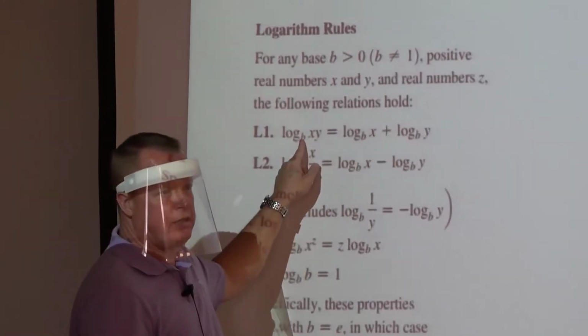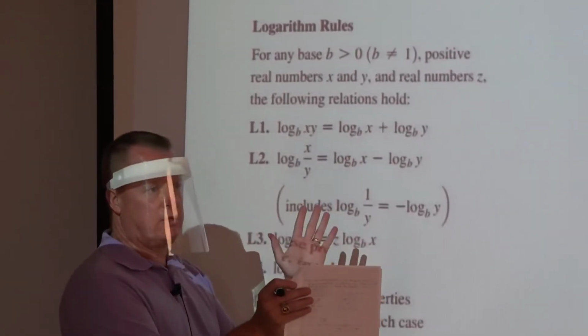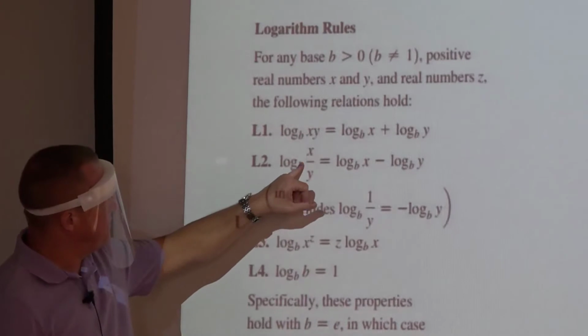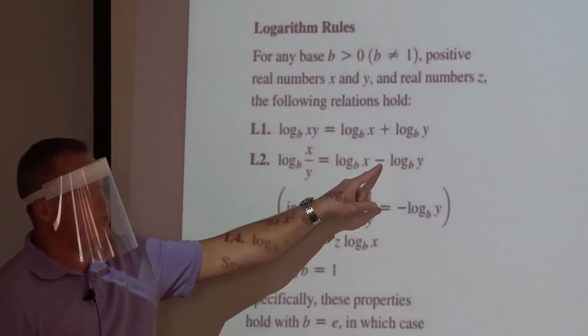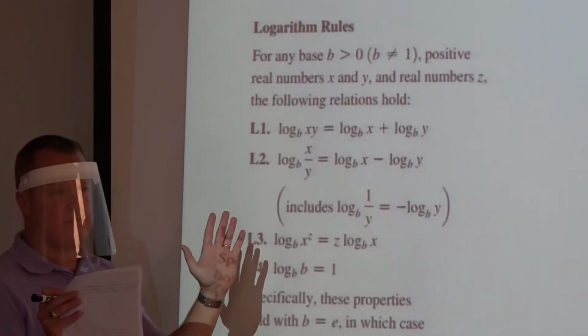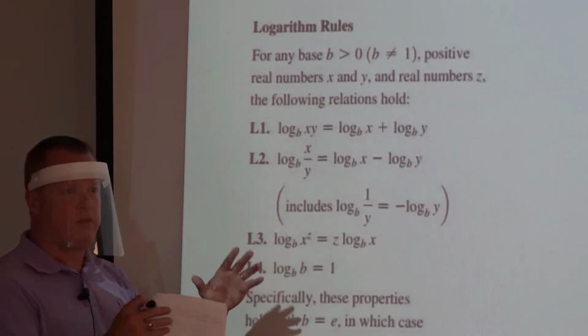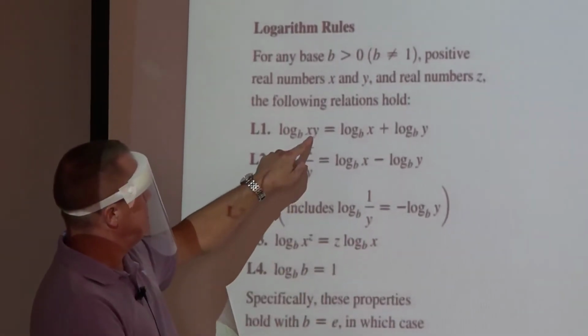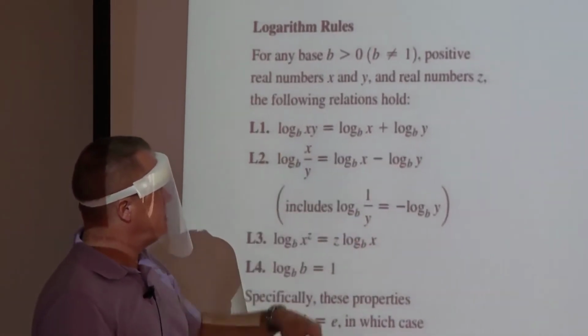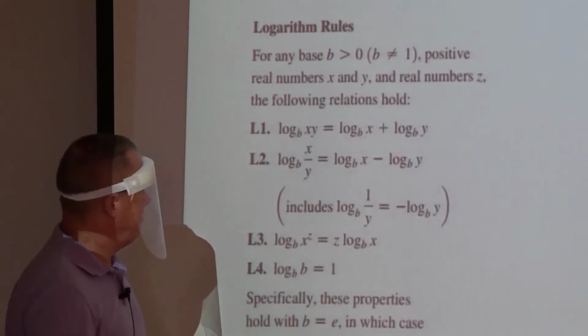If you're dividing, x divided by y, then you can break that apart with subtraction into two separate logs. Okay? Or the other way. If you've got log plus log, you can put those together as a product if it's addition. Of course, your bases have to be the same on all of them for that to work.